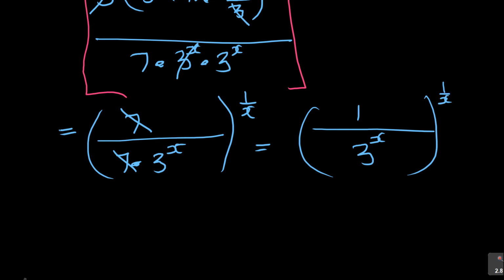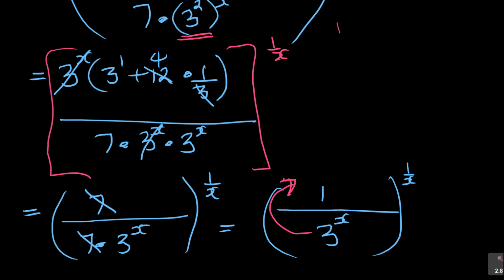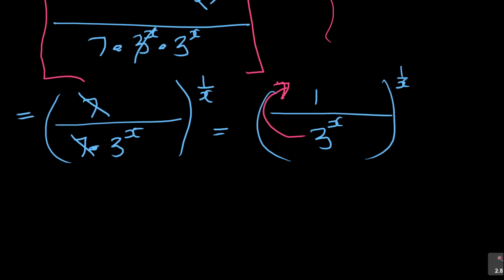For me to take 3 to the power of x to the top, just to remind you, if I had 1 over a to the power of m, to take it to the top it becomes a to the power negative m. Still remember, so it will be the same thing here, equal to 3 to the power negative x, then everything to the power 1 over x.